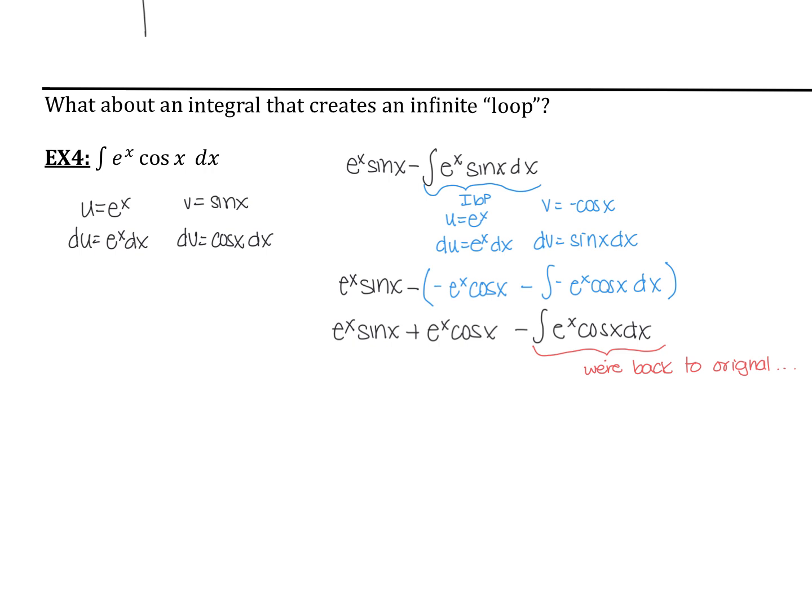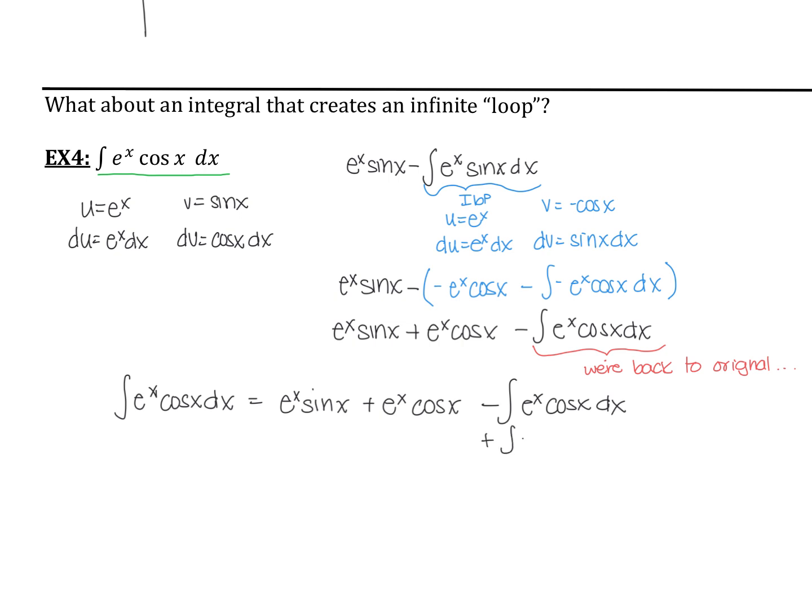We were taking the antiderivative of e to the x cos x. So we said that the integral of e to the x cos x dx, so far what we know is it's equal to e to the x sine x plus e to the x cos x minus the integral of e to the x cos x dx. Okay, well, let's use some algebra.